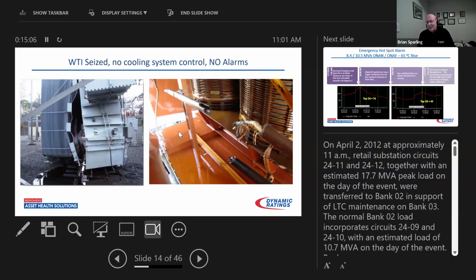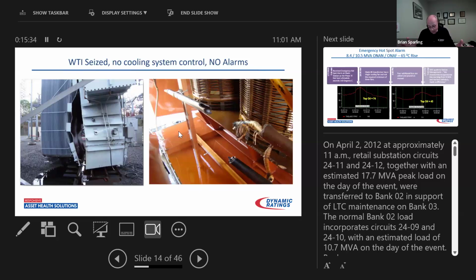I know it was a phase-to-phase fault inside those two leads inside that tube running across those phases. So the result was, as you can see, about 20,000 liters of oil spread across the substation surface and below. Fortunately, no fire, but this is what happens when something as simple as those gauges stop working.